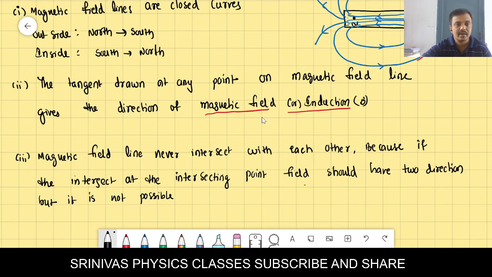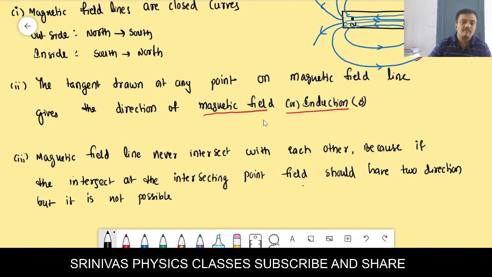The third point that I am telling is that magnetic field lines never intersect with each other. Why? Because, for example, this is a field line, right? And this is a field line. They are intersecting with each other.